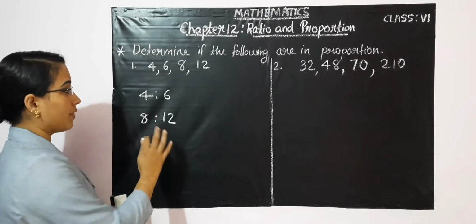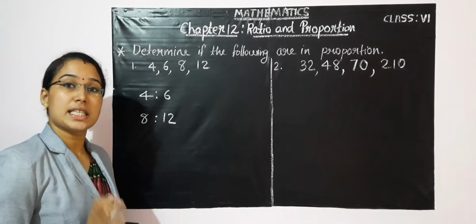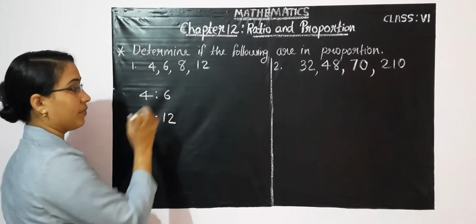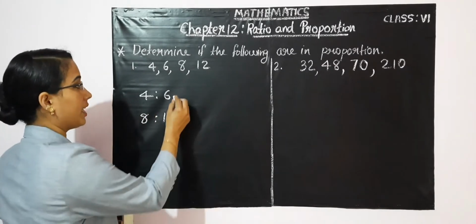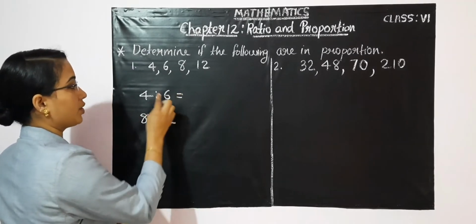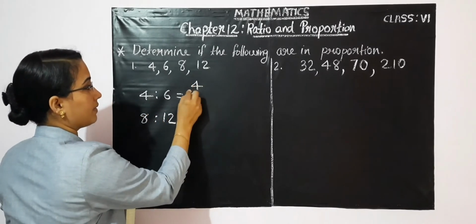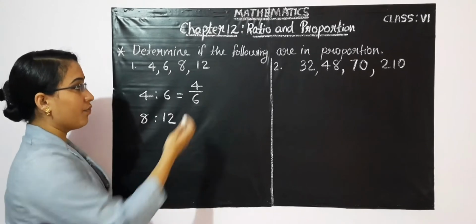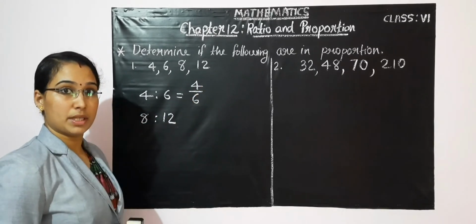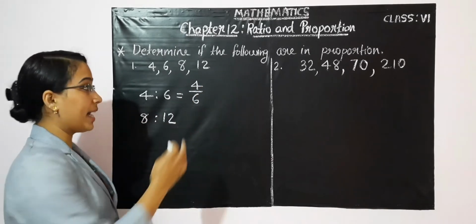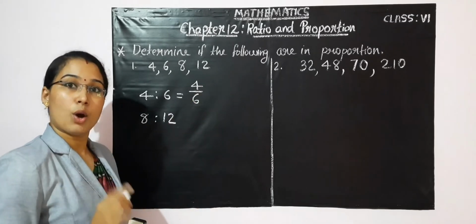For that, first we want to find out the simplest form of the given ratios. So here we can write 4 is to 6 in the form of fraction, 4 by 6. Then 4 by 6 is not in simplest form, so we want to divide 4 and 6 by a common factor.